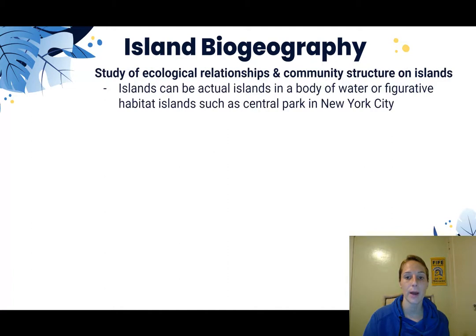Now, island biogeography is the study of the ecological relationships and the community structures on islands. It's important to note that this can be talking about actual islands, like in a body of water, or it can also be figurative habitat islands, such as Central Park in New York City.